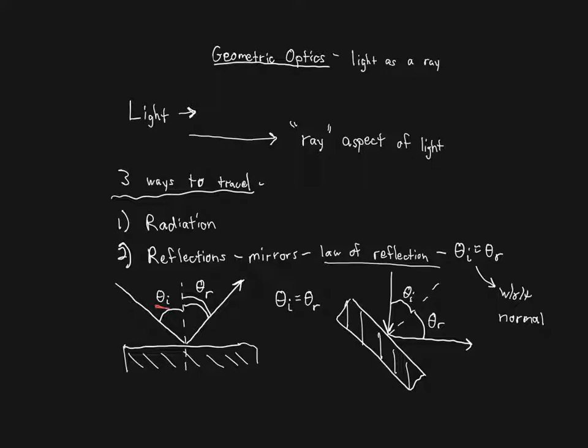And then we have a third way that light can travel. Our third way is going to be through refraction. And this is a light ray traveling through a lens or inside of another medium. So light passing from air into water or passing through glass or something like this.